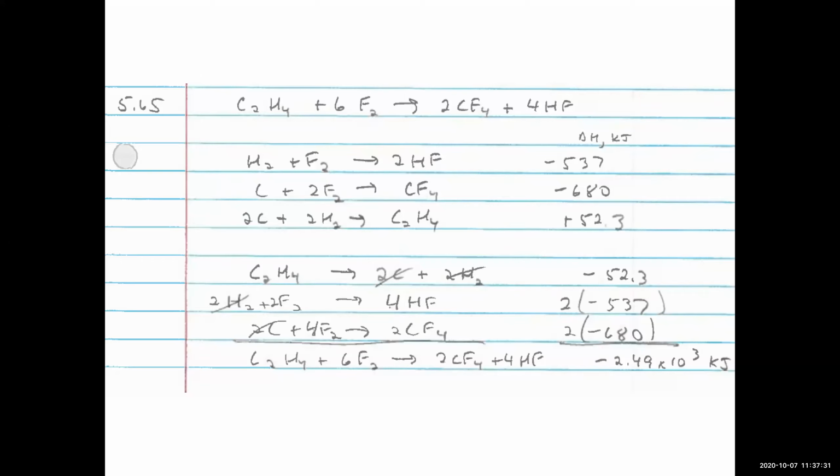So the first thing I'm going to do is flip that reaction around and rewrite it. And that's what you see down here in this next set of reactions. You see C2H4 going to 2C plus 2H2. Because I flipped that around, you notice that the delta H value is now minus 52.3.